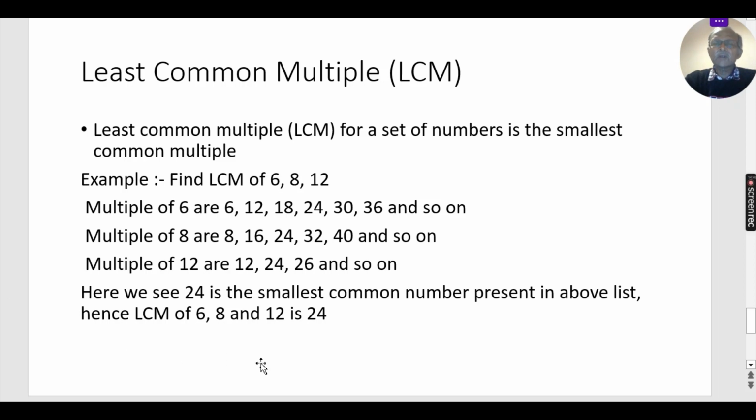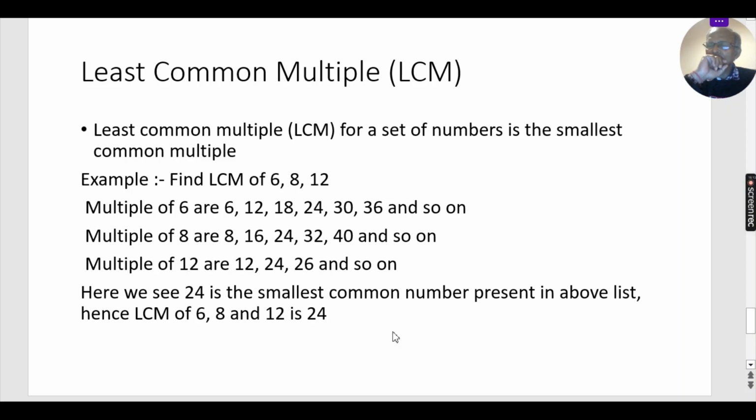So let us take LCM first. What does LCM stand for? It stands for least common multiple. That means the smallest common multiple of the given numbers. I hope you remember what a multiple is. A multiple is a product of a number multiplied by any other number.